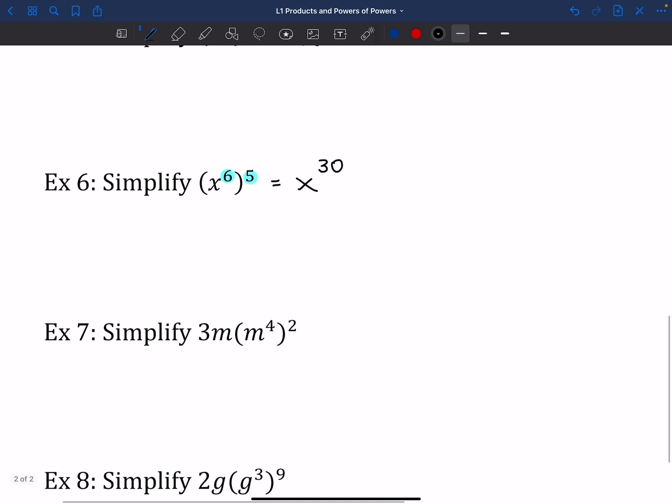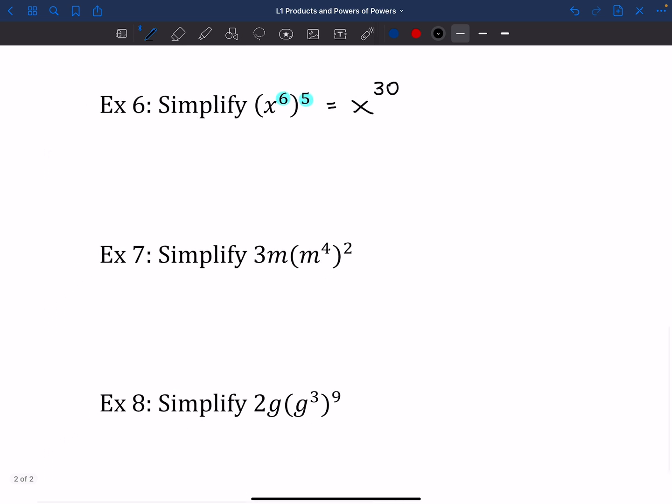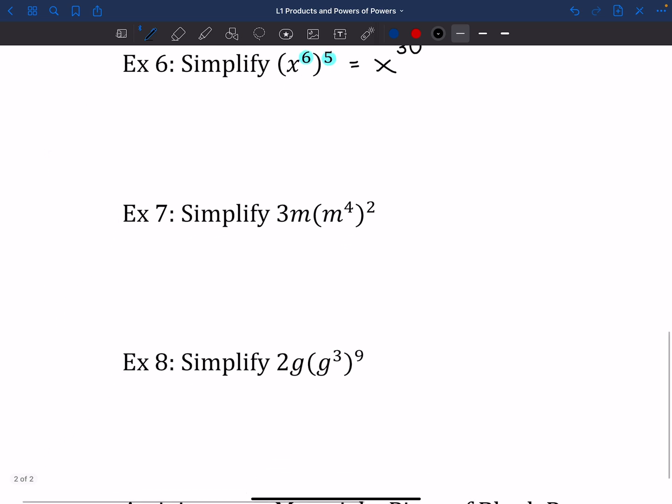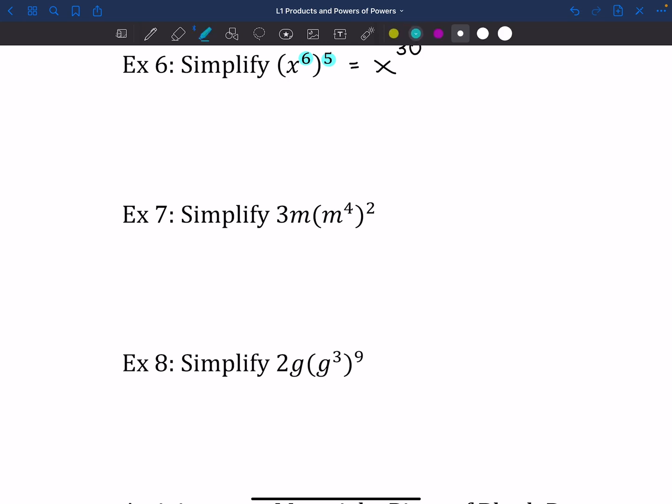Sometimes, and this is going to become more and more common as we learn more of these properties, we're going to be using a couple different properties at the same time. So here we've got 3m, and then in parentheses, m to the 4th, squared. When we're handling something like this, again, think about it like distributing the power. You only distribute to what's in the parentheses.